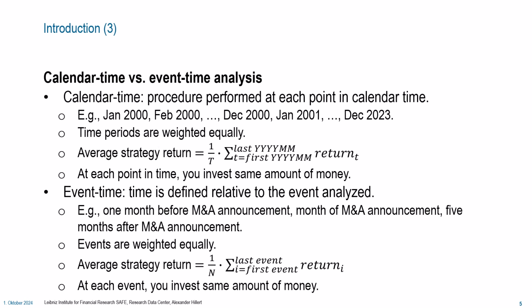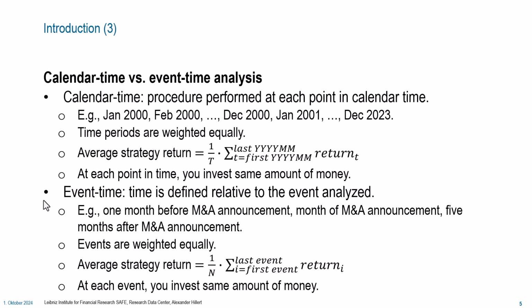In contrast, there is the event time approach. And here time is defined relative to the event analyzed. Let's say our event analyzed is an M&A announcement when a company announces to take over a different company. And in event time, we could have, for example, month T-1 could be the month before the M&A announcement.